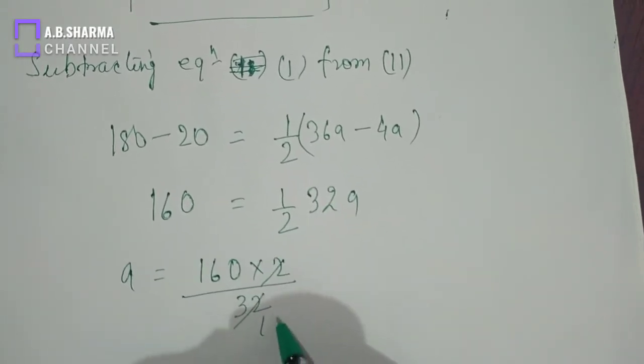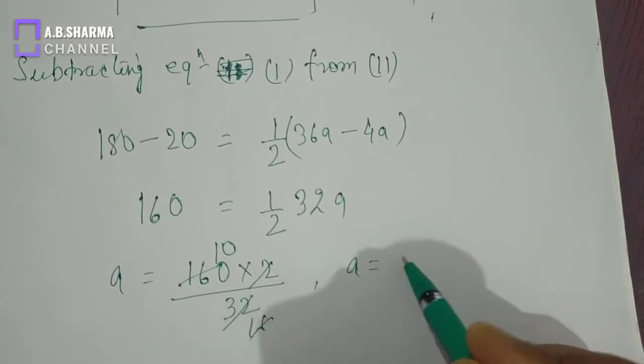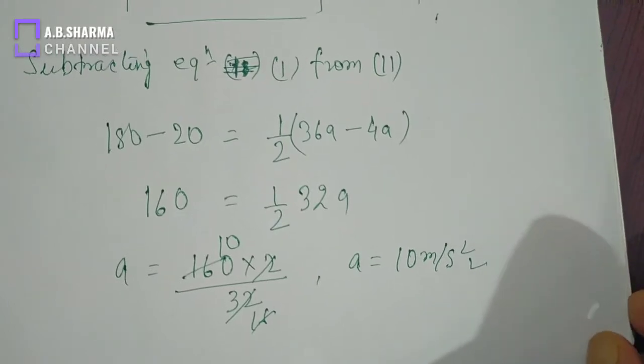This is 16 and this is 10, meaning a equals 10 meter per second square. So we have calculated a.